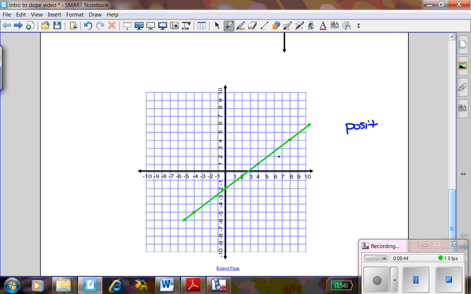The way that I know that is because as I move from the bottom of the line to the top of the line, it's going up. So now if I look at some specific points, I can actually put a number and figure out what my rise and my run are.